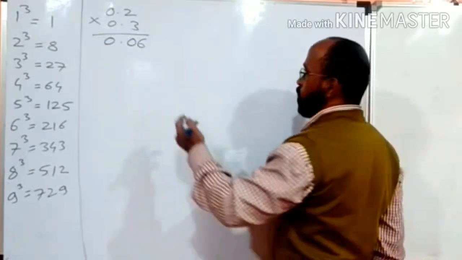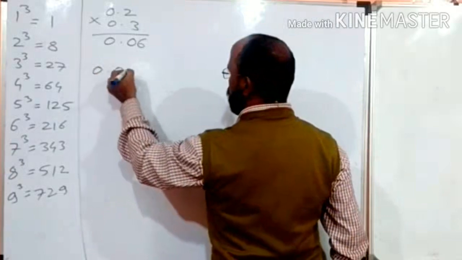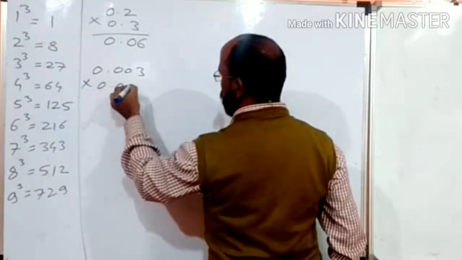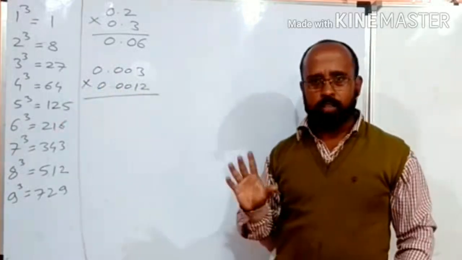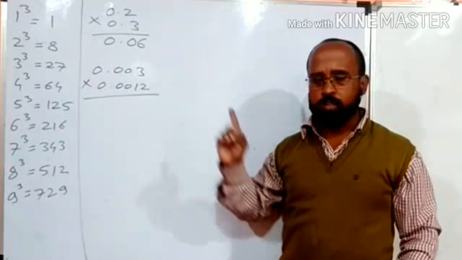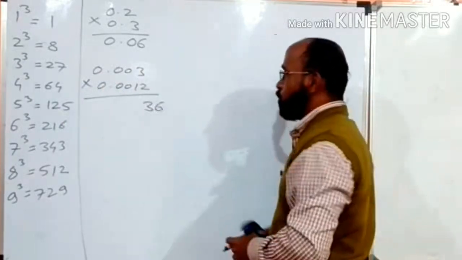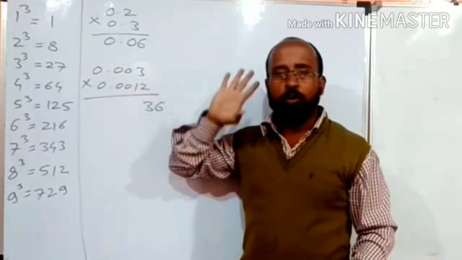Right? Let us see one more example. Suppose you have to find out 0.0003 multiplied by 0.0012. How will you find the answer? You will multiply these two numbers with each other. 12 3s are 36. Then you will see how many decimal digits are there in this number. There are 1, 2, 3, 4 decimal digits.